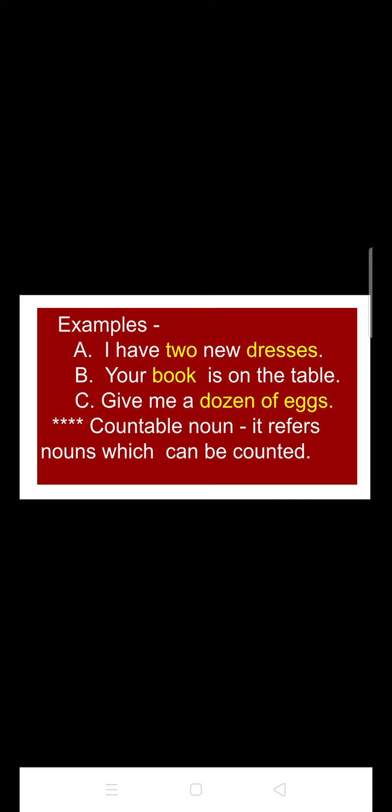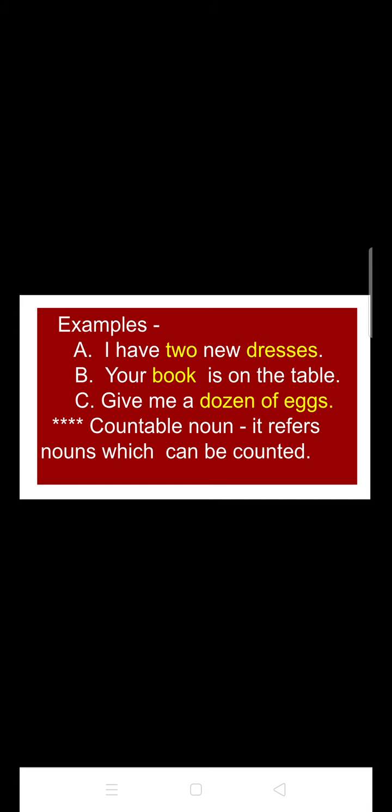So these things signify our next category of noun, that is countable noun. Therefore, a countable noun refers to the nouns which can be counted. It means that in sentences where there is mention of names of things, places, or persons that you can count, they will be your countable nouns.